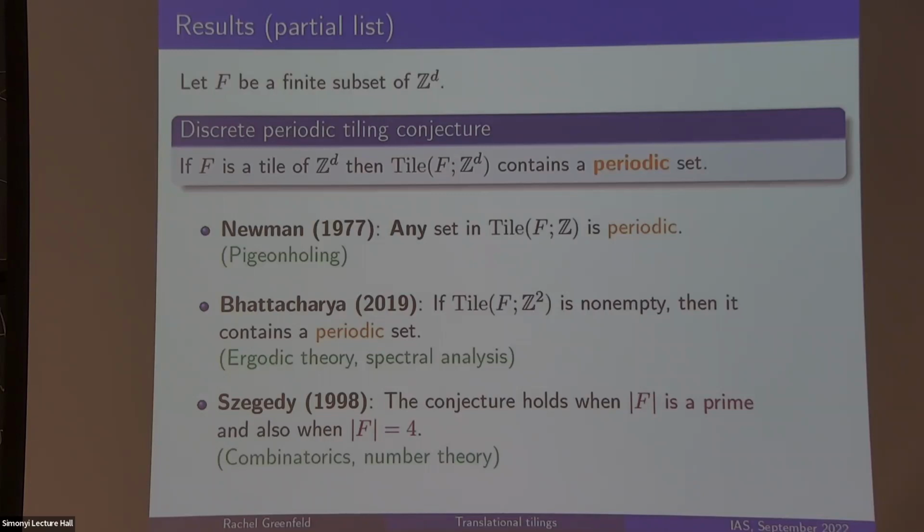Can you say one iota as to how he would use that it's prime? Sorry? How could you possibly use that the set has prime size? You go to frequency space. That's where it becomes useful. Meaning you take the Fourier transform? Yes. I didn't mention it here, but you can reformulate the tiling condition using convolution.